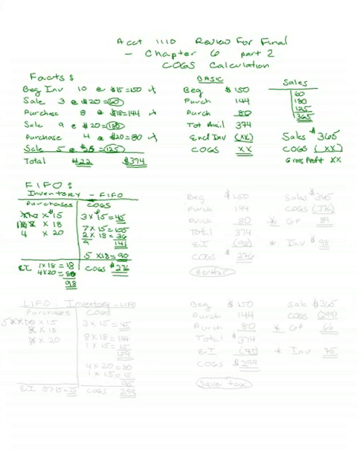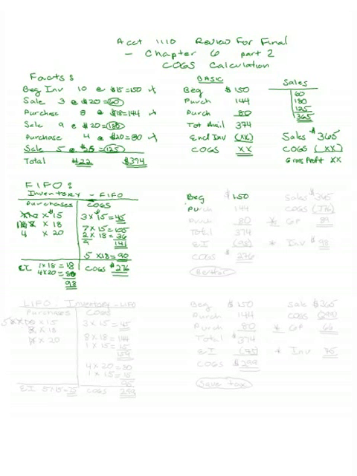So using FIFO, then let's apply that to my basic cost of goods sold formula. From above, I had beginning inventory of 150.